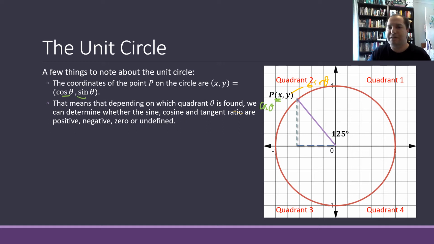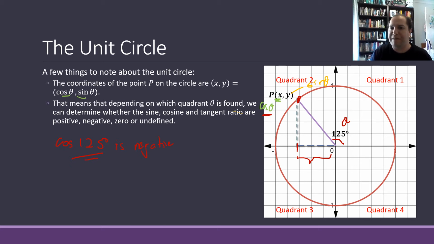So for example, in this situation, we've got our theta angle equaling 125 degrees. Now over here, we can see our x value is going to be negative something. We don't know what it is, right? But because our x value is negative, and cos is equal to the x value, cos of 125 is negative.